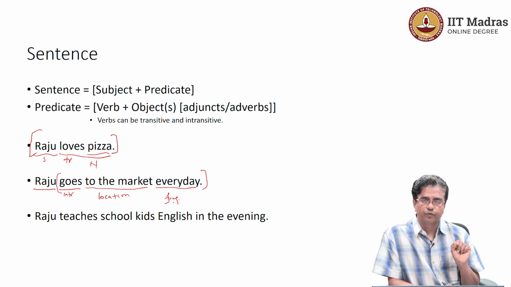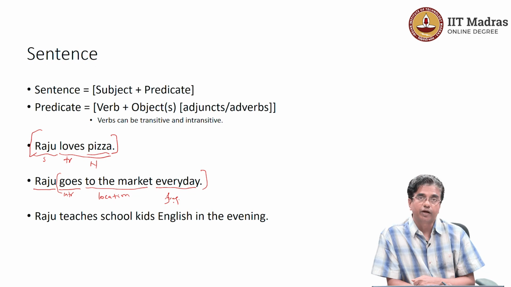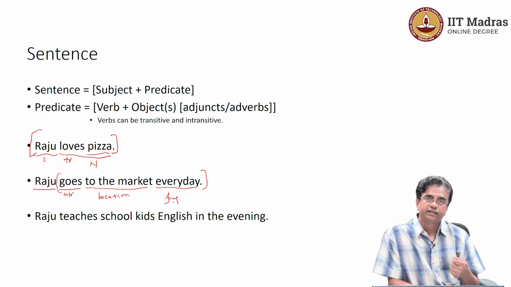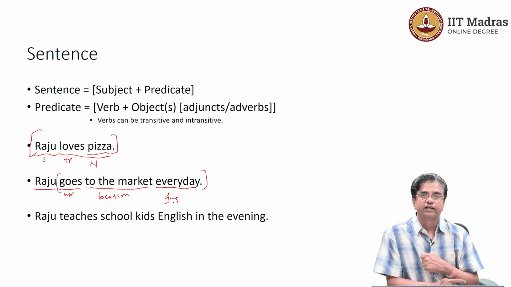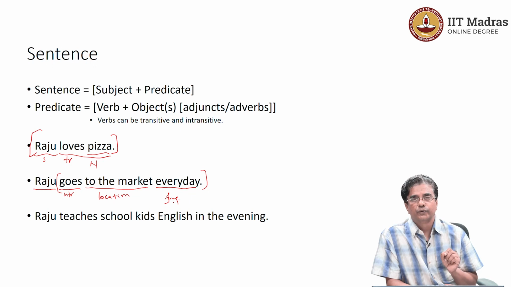An additional note here, an additional piece of information, and I have purposely picked this example which has the verb go. Go is a special type of intransitive verb, and we know that intransitive verbs do not need an object, but we must have some locational information with this verb. So we can say a verb like go kind of requires an adjunct because we need to specify the location of going.